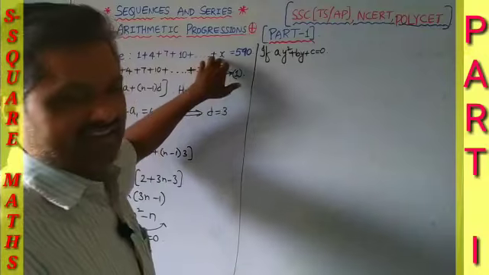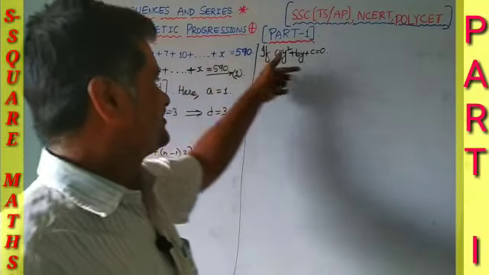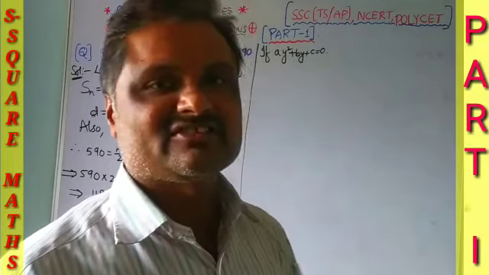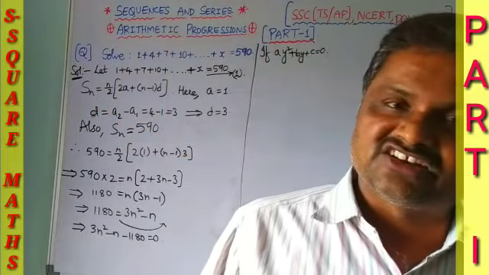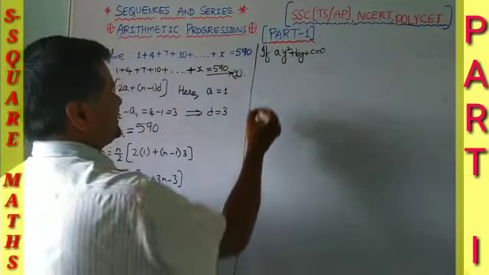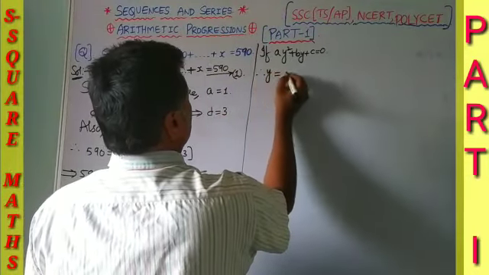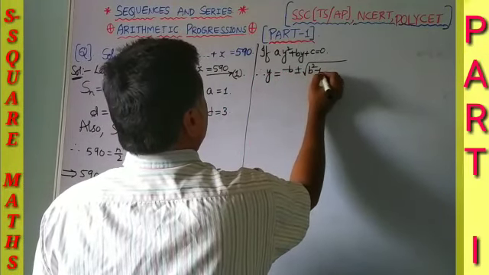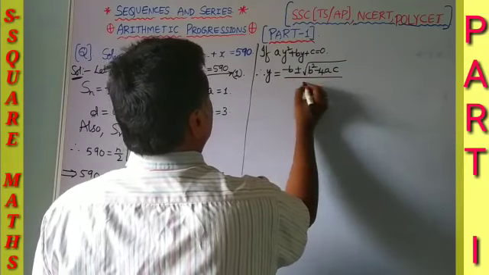Since here we have x in our question, we change it in our standard form, in the place of x as y. So ay square plus by plus c is equal to 0, the standard form of a quadratic equation in the variable y. So by formula I can write, therefore y is equal to minus b plus or minus root of b square minus 4ac by 2a.